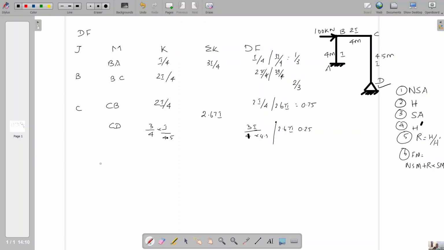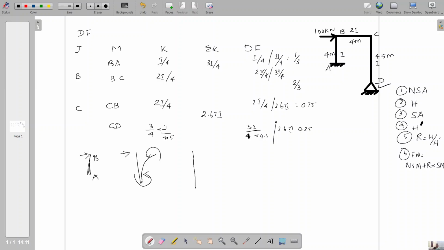Next, for the sway condition, on the column member A to B, you apply a horizontal force so that it will deflect like this, and the direction of moment is anticlockwise. It is created due to this horizontal sway.